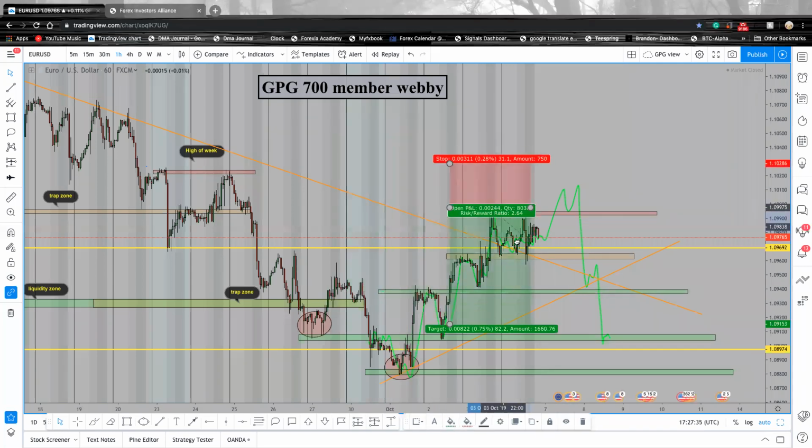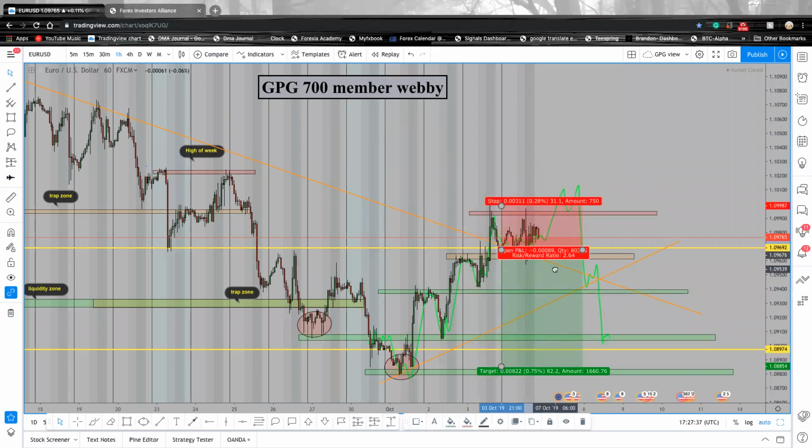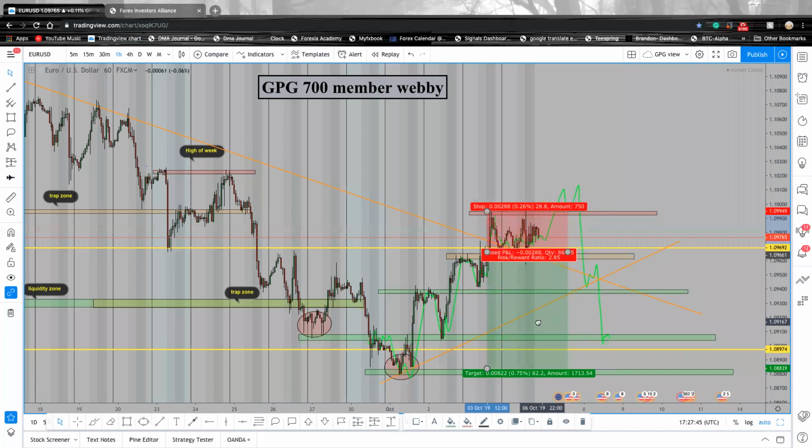Retail traders have their entry at the trap zone. Some of them have their stop losses at the previous high or whatever, and their take profit is here. These are people who actually saw the market correct, but they get stop hunted because that's how it is. They're taking the trade based on support and resistance, so they get stop hunted.